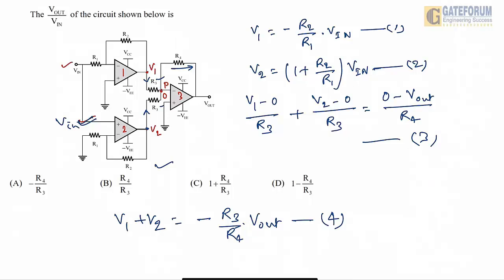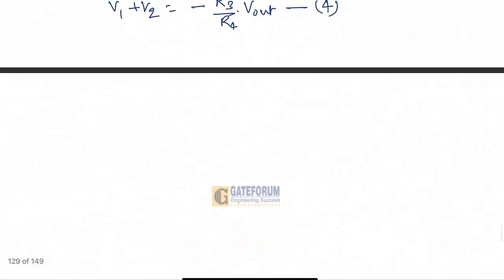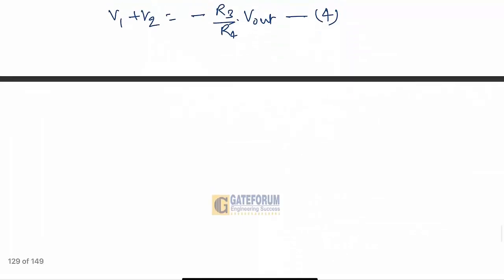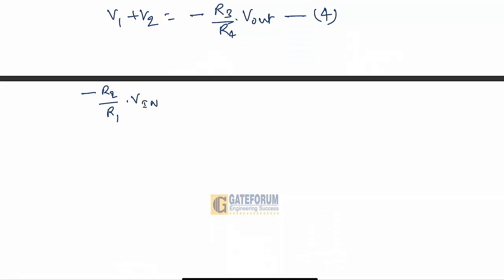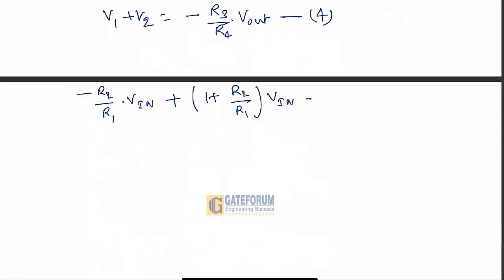Then what we'll get is minus R2 divided by R1 into Vin as V1, plus for V2, 1 plus R2 by R1 into Vin, is equal to minus R3 by R4 into Vout.